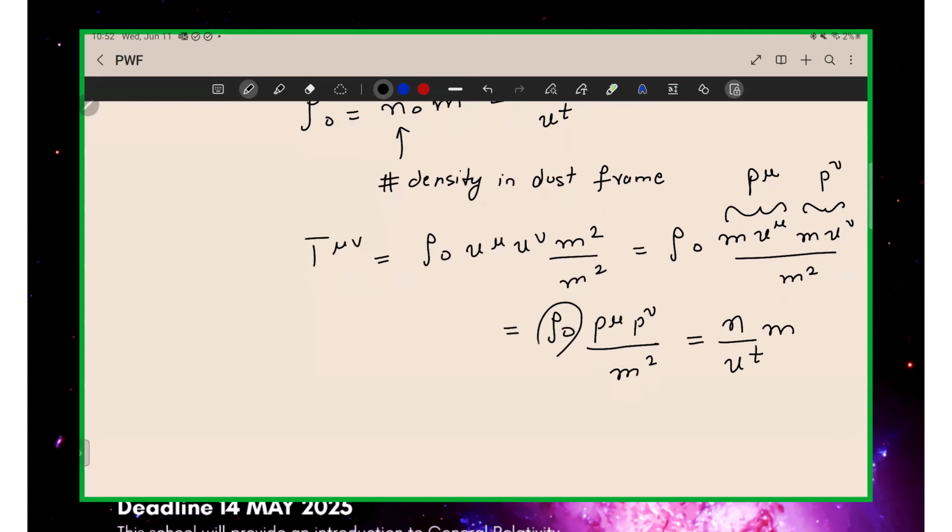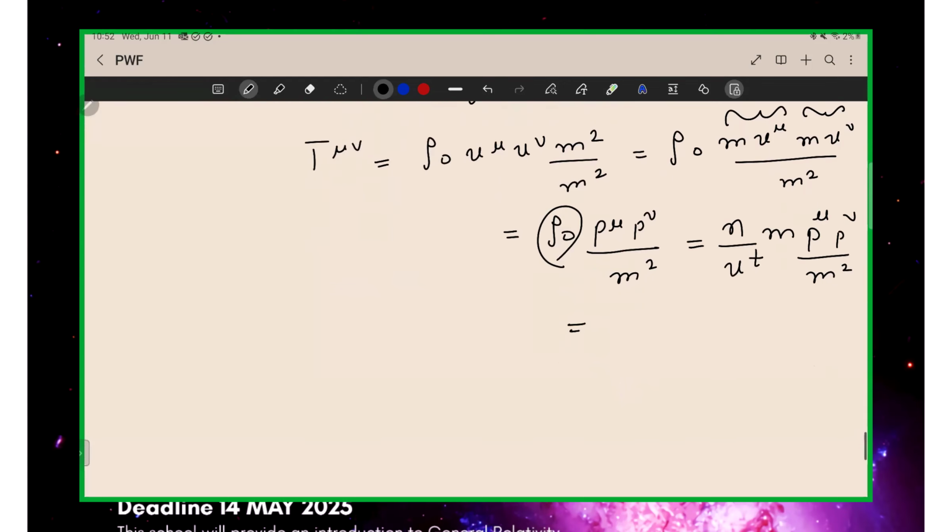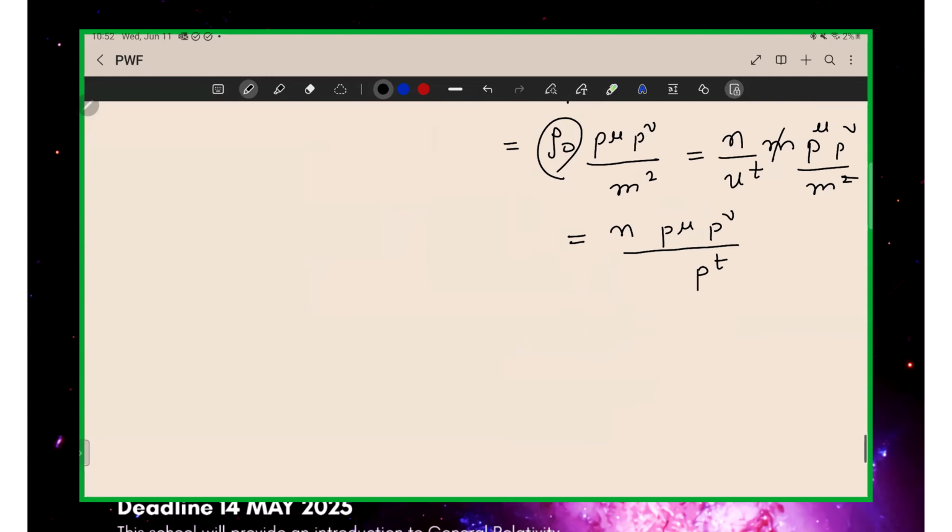So I just wrote down the expression for rho naught times p mu divided by m squared. These steps are really important. That's why I'm doing every step. N times p mu divided by... So you can see that one m cancels, and u t times m just becomes p t. Right. Okay. So it means that the stress tensor for the subset, that's very important, subset, equals n times p mu over p t.